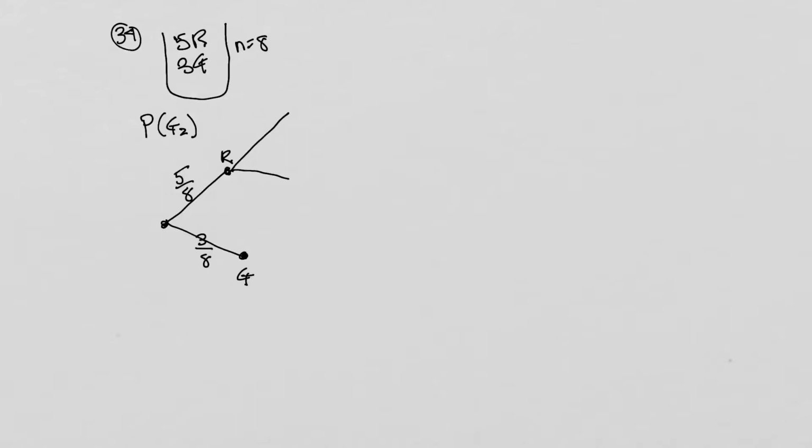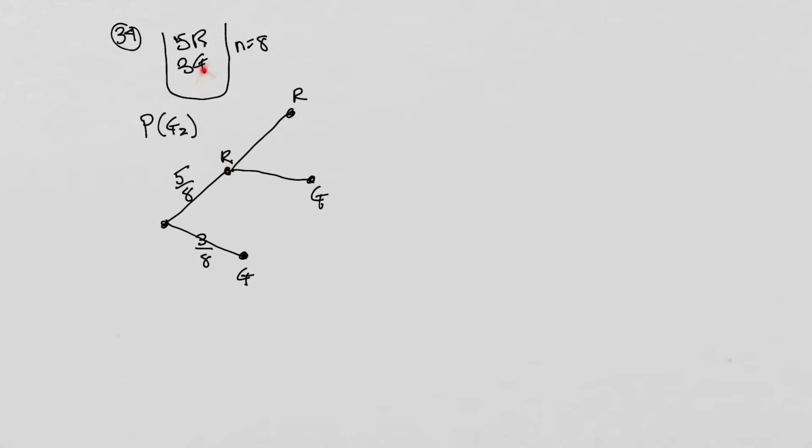Now let's go to the second draw. If we got a red on the first, we could get a red on the second or a green on the second. Here's the deal with the experiment, though. A ball is selected at random and then replaced by a ball of the other color. So we got a red on the first draw. We toss that red out and we put in a ball of the other color, a green.